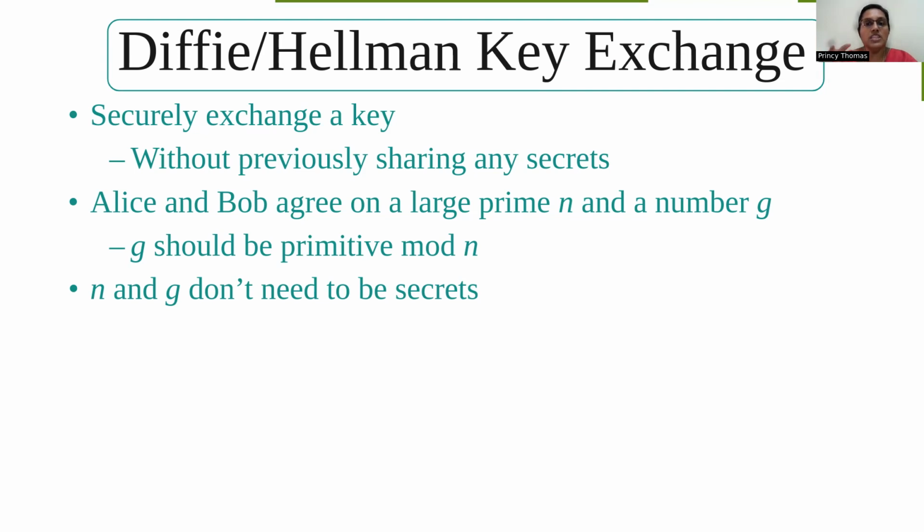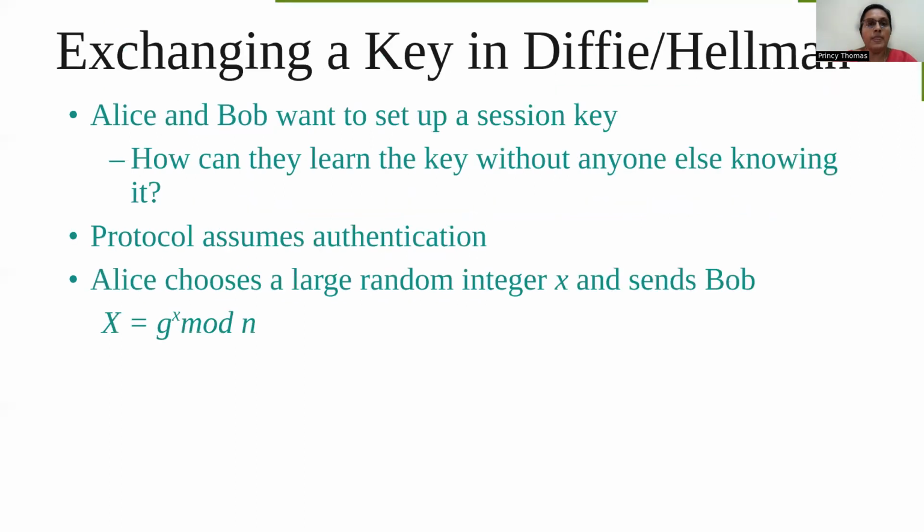So these two numbers are agreed upon, and n and g don't need to be a secret. Even if both n and g are revealed, it will not cause a problem for the key that is being shared.